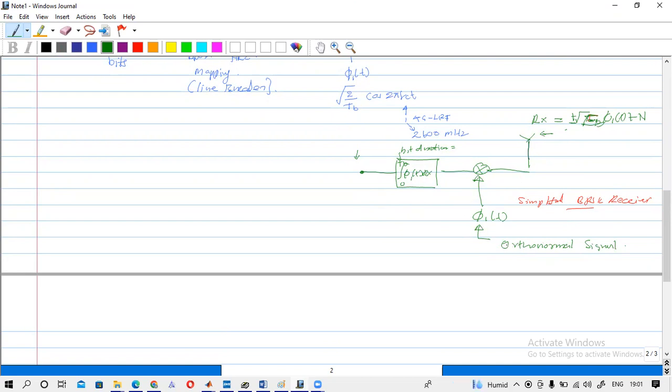Orthogonal means... yes, this is an orthonormal signal.